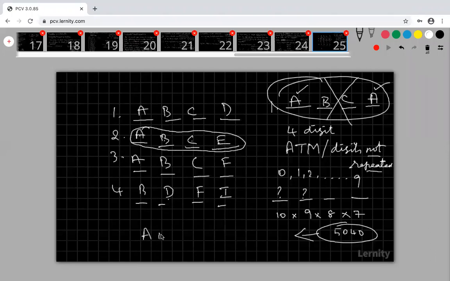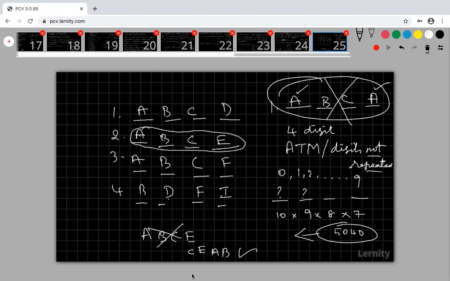So I can't form like this because this is already given. A, B, C is considered as one code. You never take this code again, but I can take this code A, C, E, A, B. This is a different code.